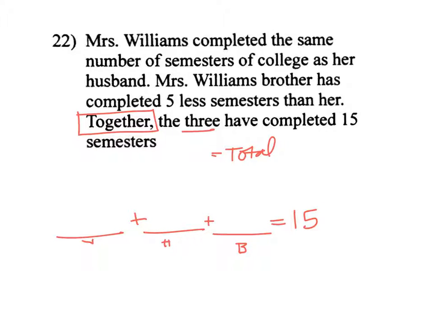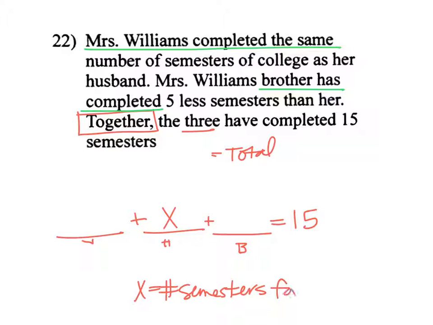If you read through, you've got Miss Williams completed, and then it says her brother completed. So the person we know the least about is her husband. So that means we're going to call his amount of hours X. And then I'm just going to read back through. So let's actually define that. X is the number of semesters for Mr. Williams.